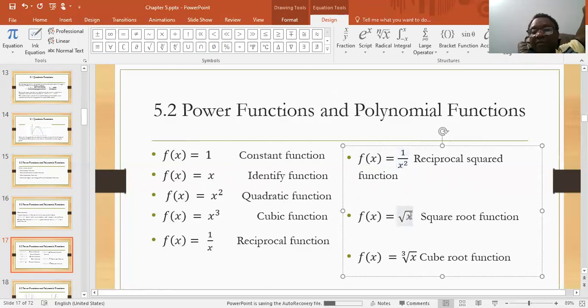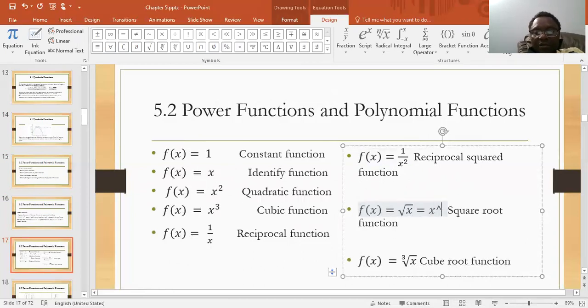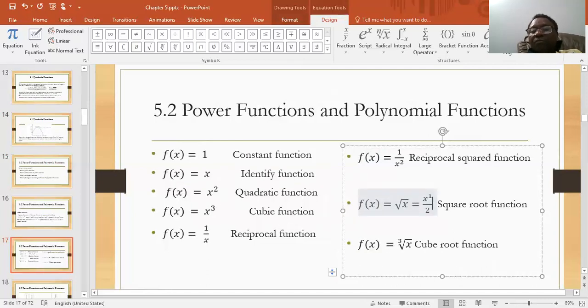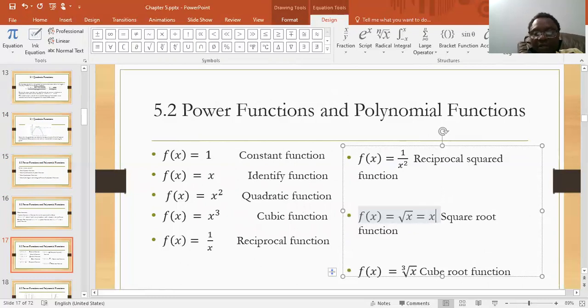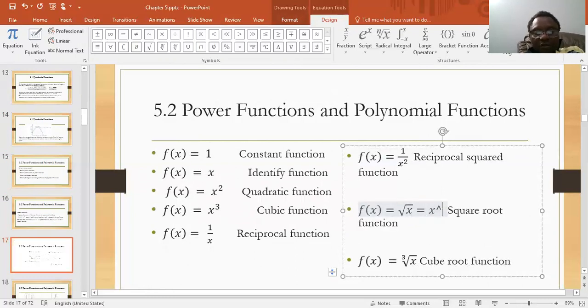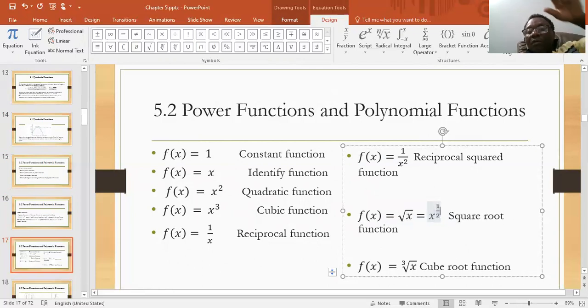Actually, this is the same as saying x raised to the power of 1 over 2. I will change this into 1 over 2.